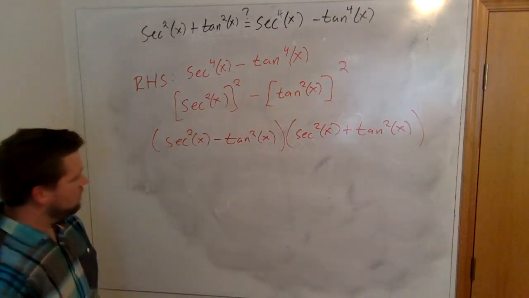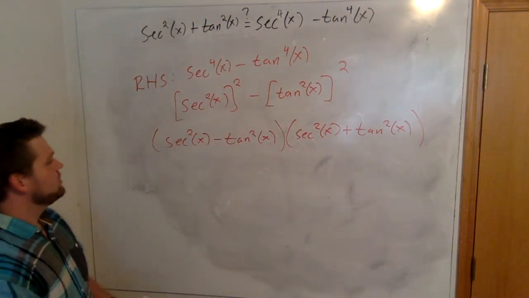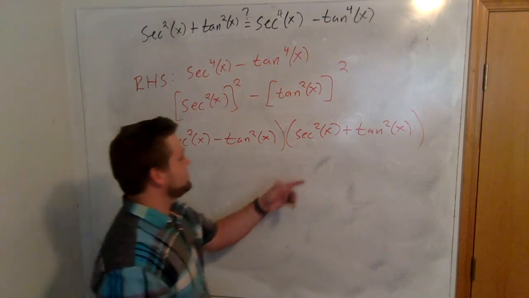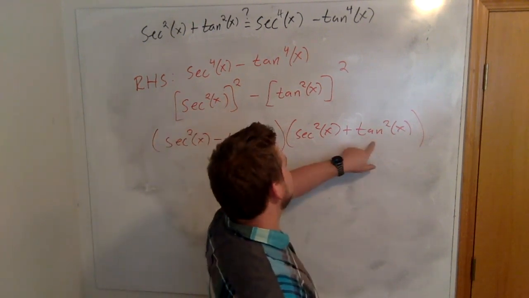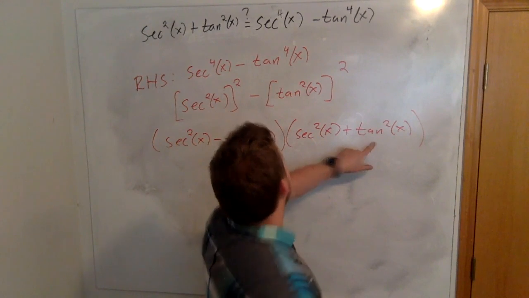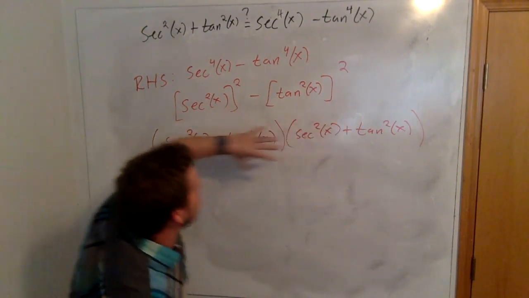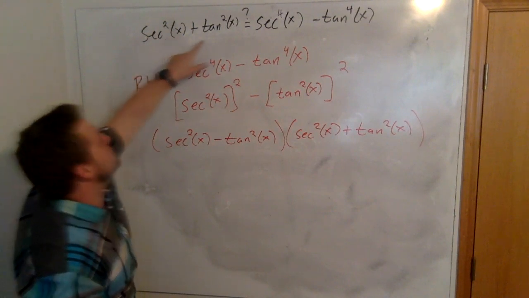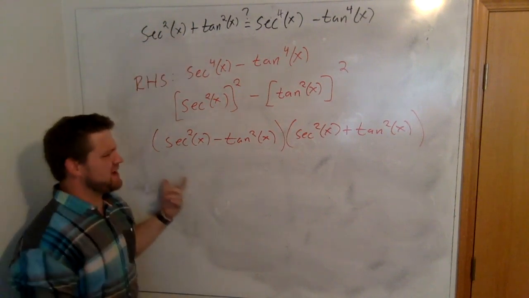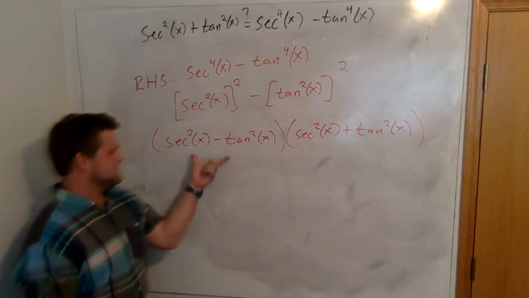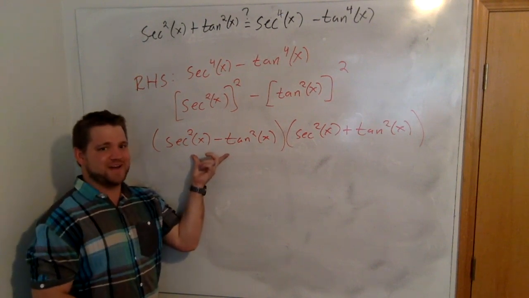Okay, cool. Well, we're trying to show that this entire thing right here is equal to secant squared of x plus tan squared of x, which, looking at this, means that this piece is probably just 1.